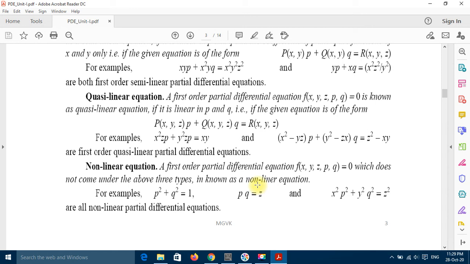Second, the powers of p and q are strictly greater than 1, means 2, 3, 4 and so on, and the power of z is also greater than 1, then the differential equation is said to be a non-linear partial differential equation.